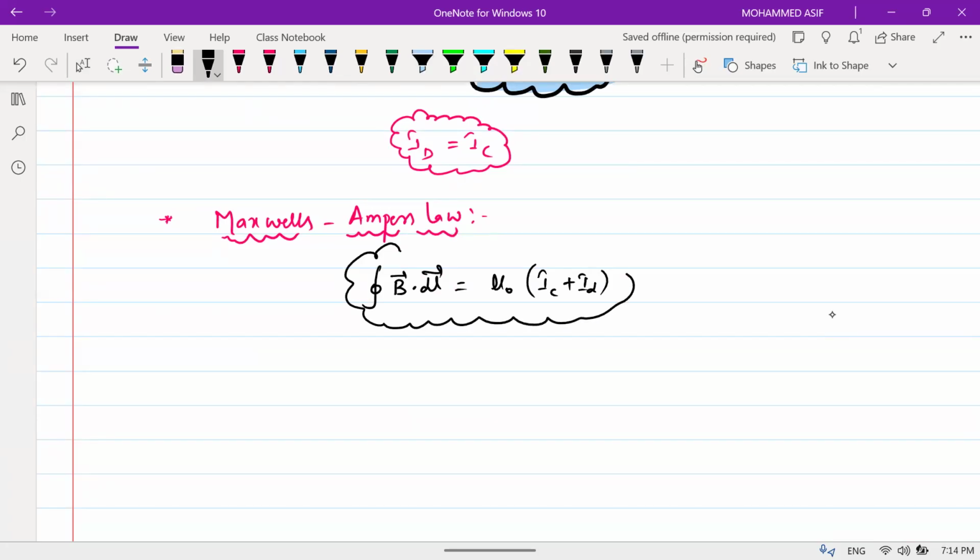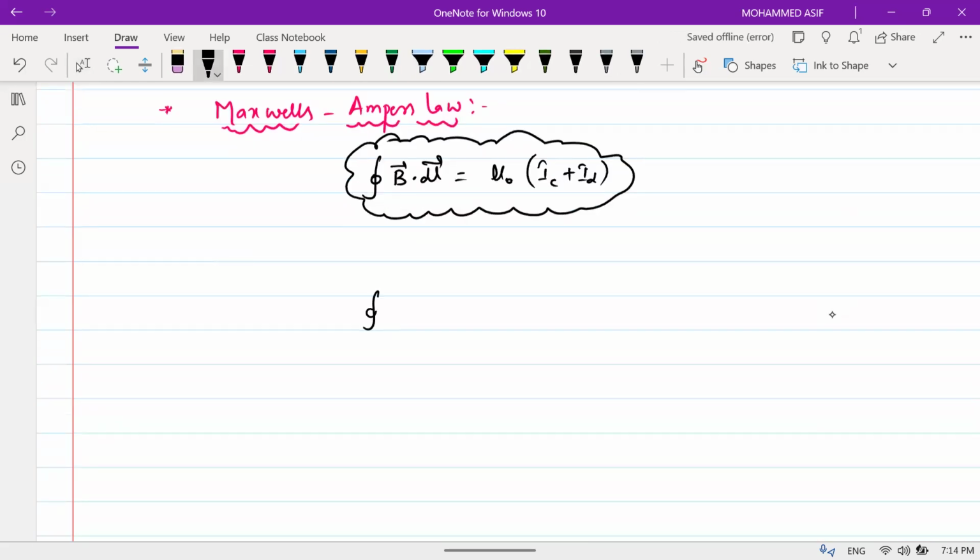This is Maxwell's Ampere circuit law. Clear? So I can write this as the line integral of B bar dot dL bar equals mu naught into, conduction current plus displacement current, which is epsilon naught into d phi E divided by dt. So this will be your displacement current.